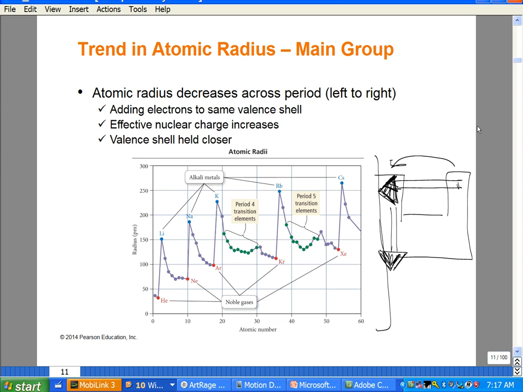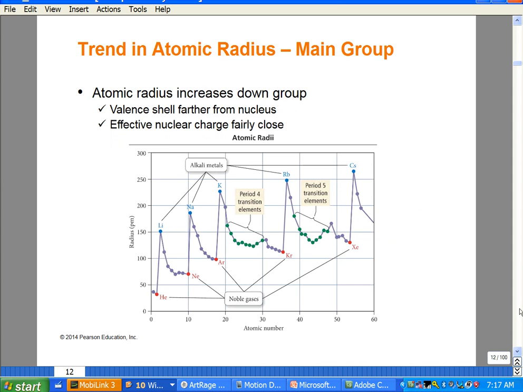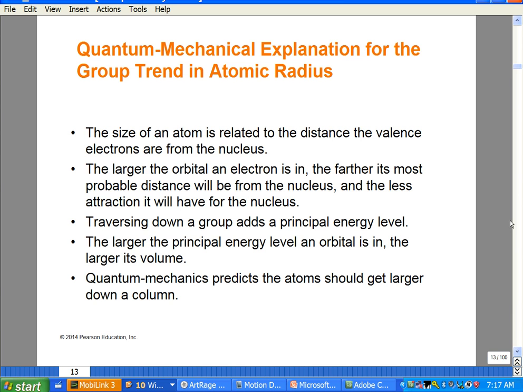And the reason for this is based on the effective nuclear charge. As we see in the next couple of slides, as you go from left to right, we just saw, using oxygen, fluorine, and neon as examples, that we increased our effective nuclear charge for each one of those elements as we went across the periodic table: 6, 7, and 8.